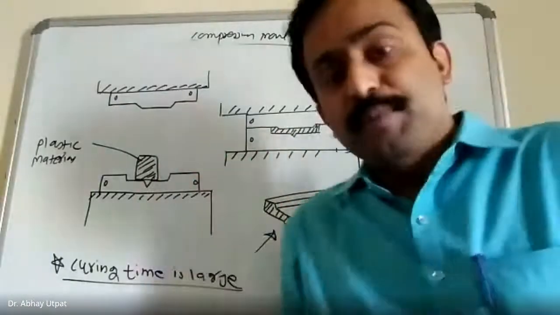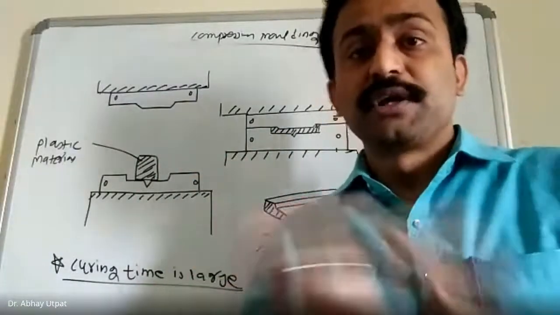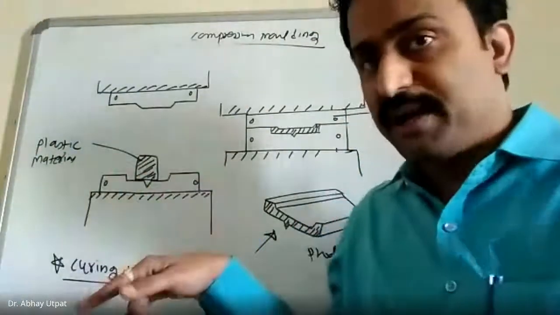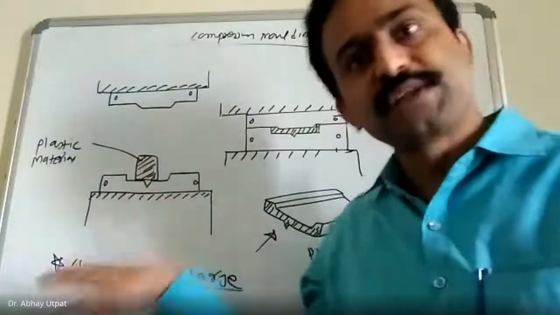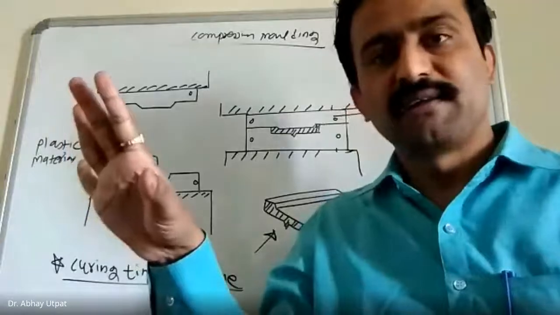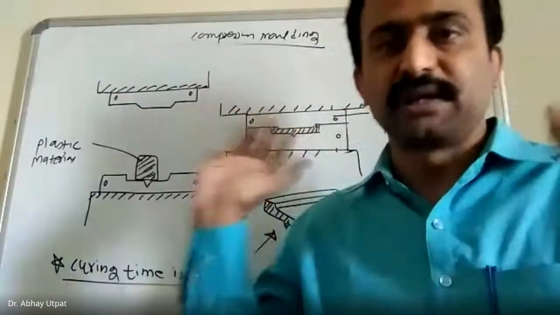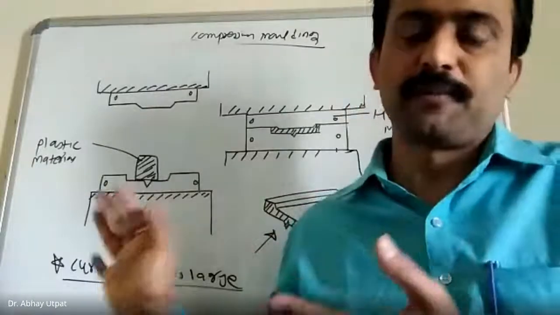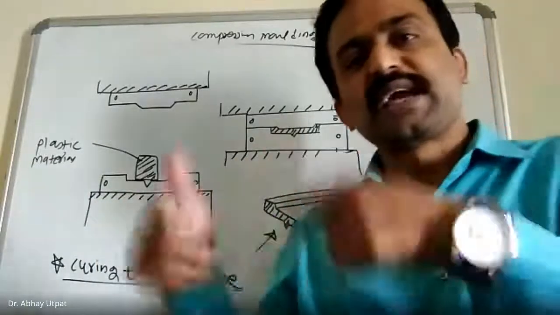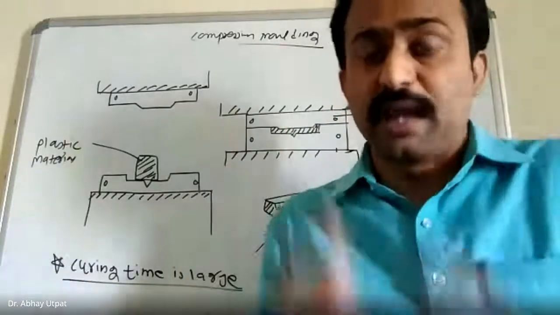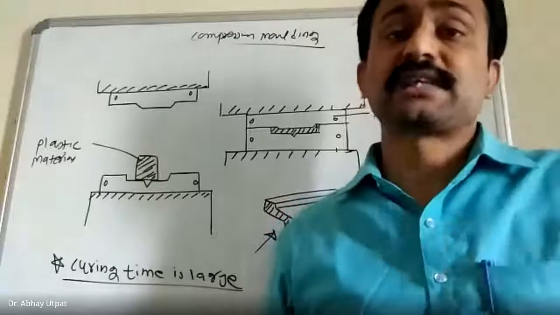Whatever scrap is produced in compression molding, it can't be reprocessed. Why? Because it has undergone a heating cooling cycle. Once a thermoset undergoes the heating cooling cycle, it becomes hard and it sets at that property. You can't make it soft once again by further heating. So recycling is not possible in thermosets. That's why whatever scrap is produced can't be processed.